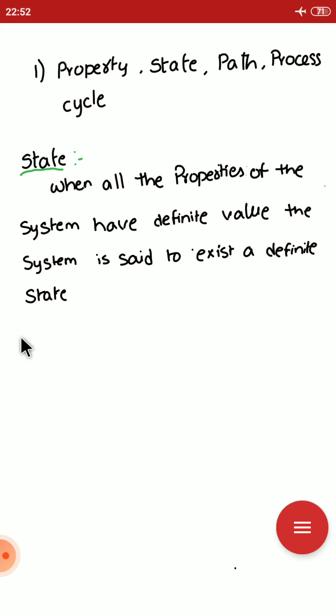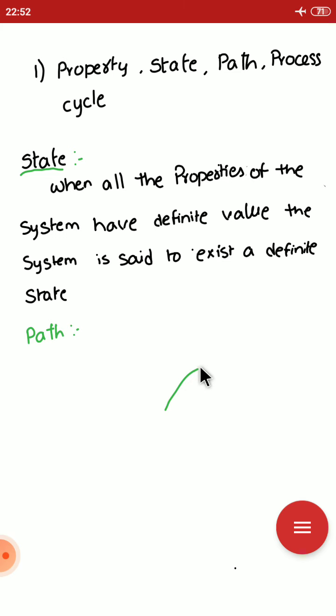Next is the path. A series of states through which the system passes, going from one initial state to the final state, constitutes a path.